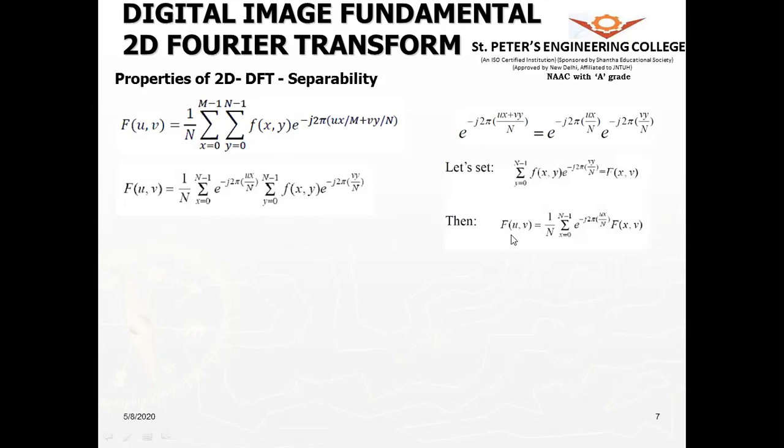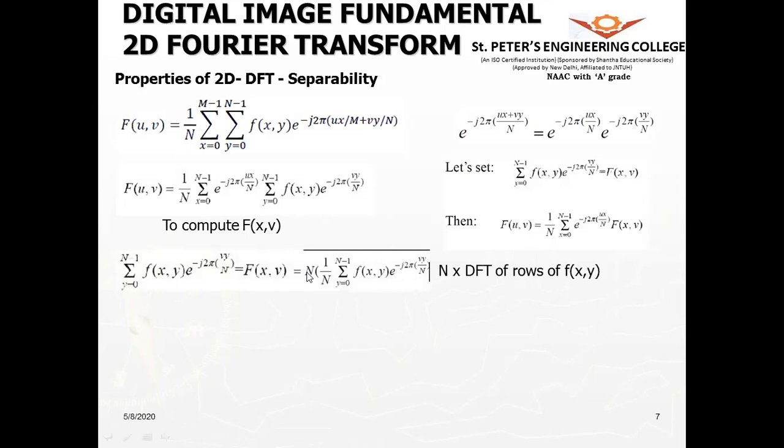We compute F of x comma v by simply multiplying the previous term by n.